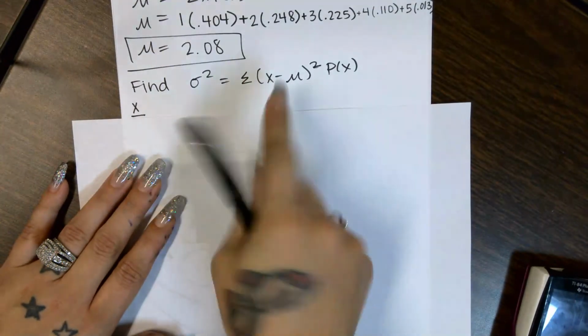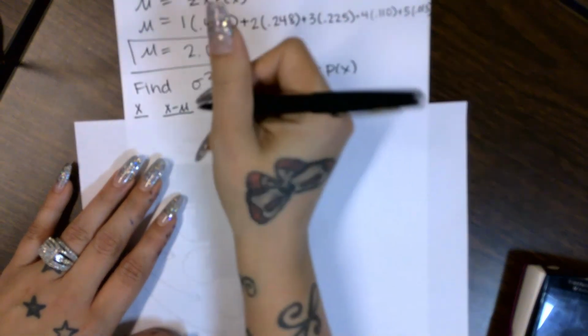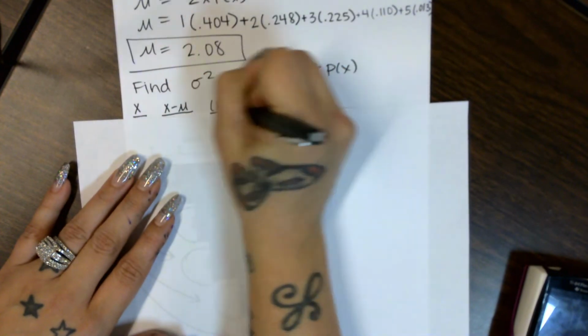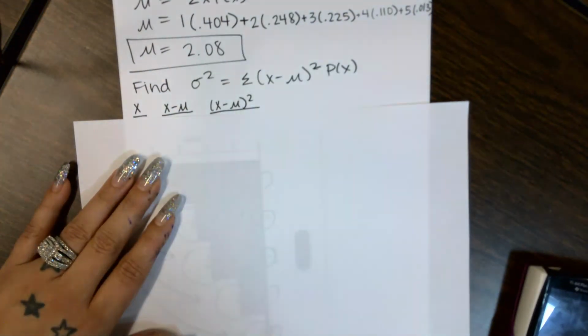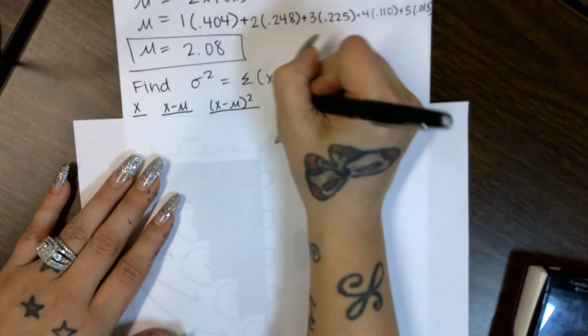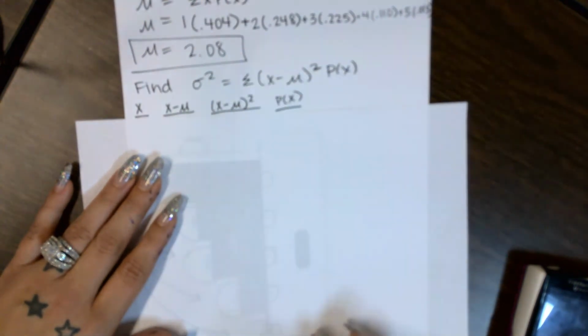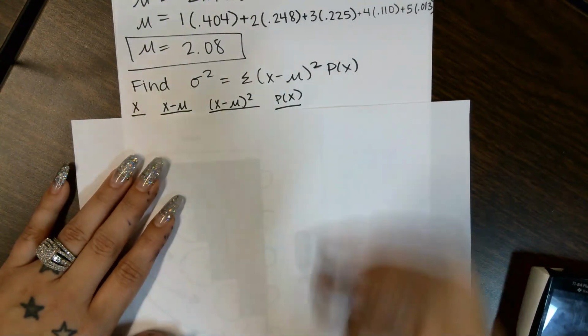I'm going to do my x's minus my mean. And then after I find that difference, I'm going to square it. Then I'm going to multiply this squared answer with my probabilities, so I write my probabilities right here so I have that column and it just flows to multiply them.